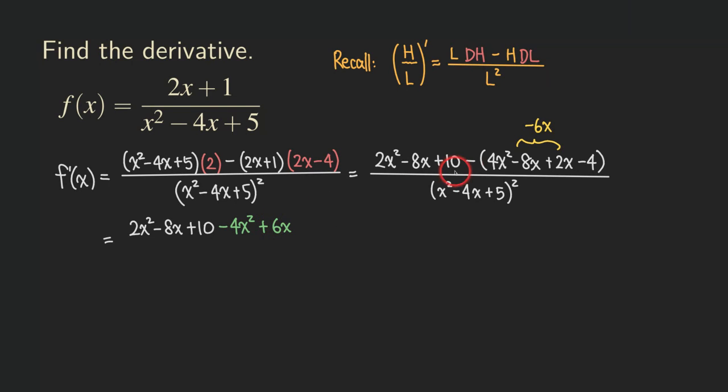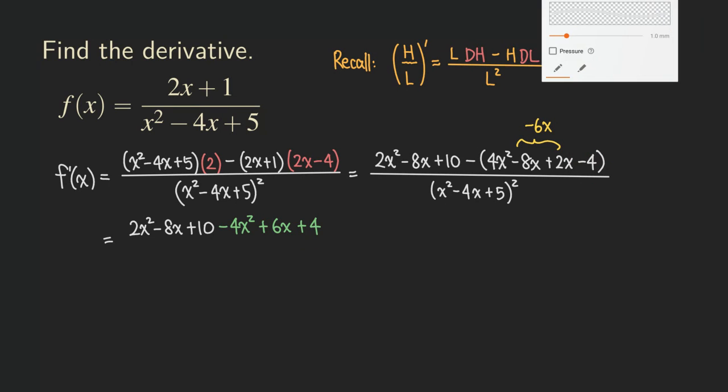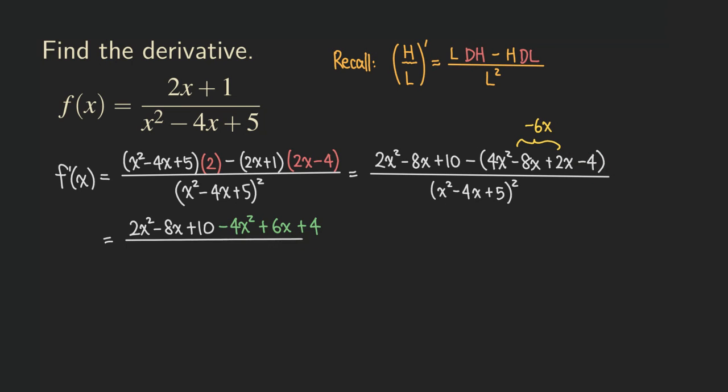And then lastly, we multiply this negative 1 with the negative 4, so we get positive 4. Now we still have the denominator that we didn't do anything to, so just copy it.